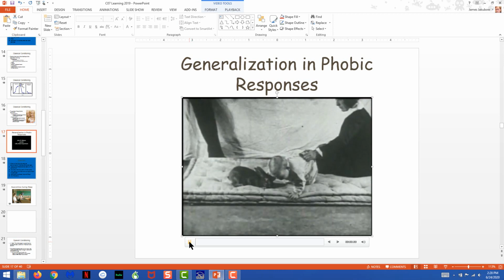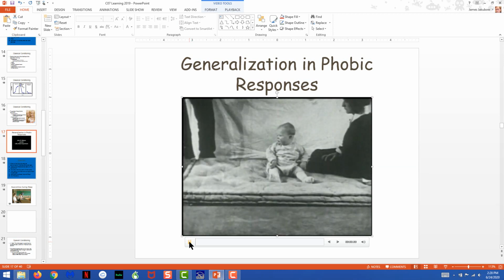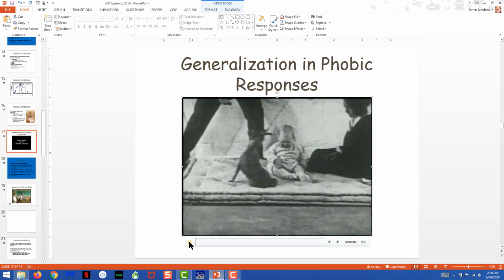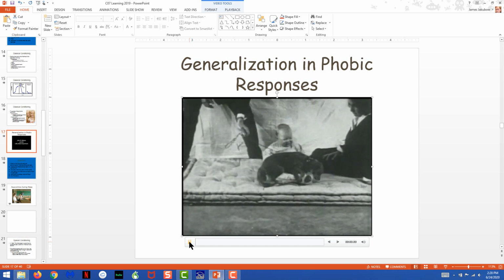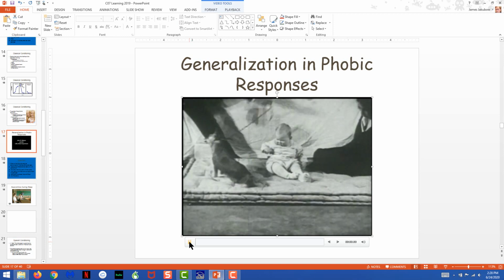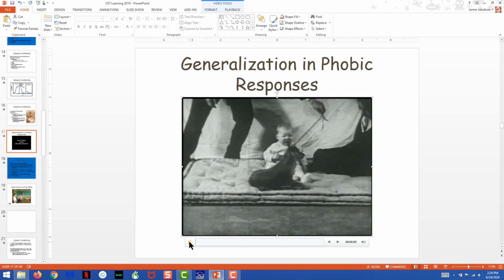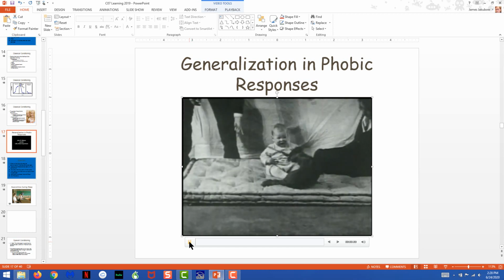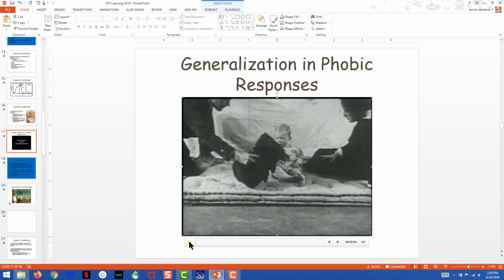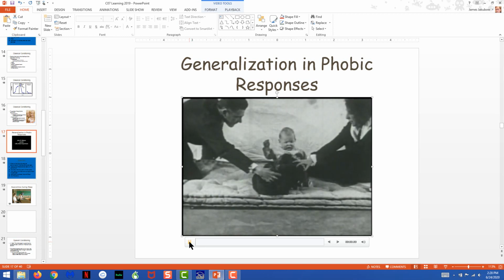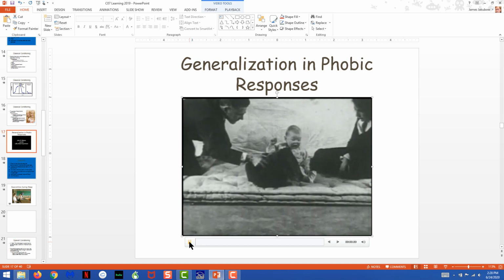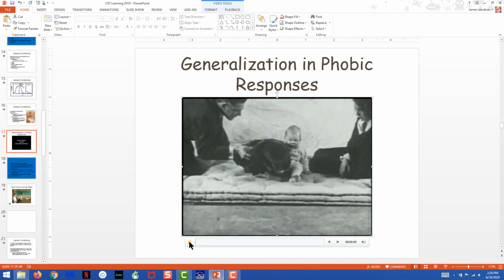Watson's argument is that the fear induced by the rat noise pairings generalized to these other creatures. Now, to be perfectly honest with you, Watson did not do a very good job of establishing experimental control under these cases. That's why I say it really should not be called the Little Albert experiment.